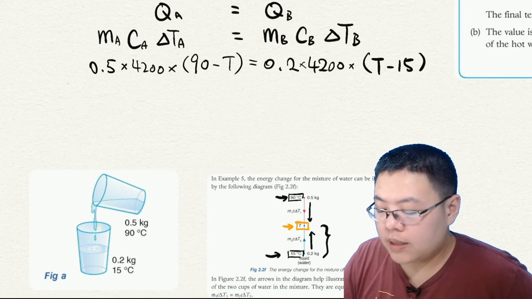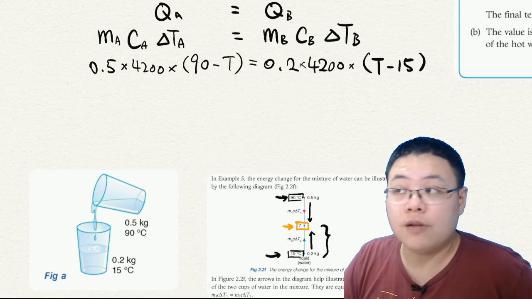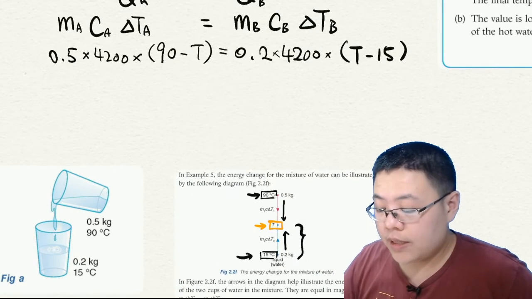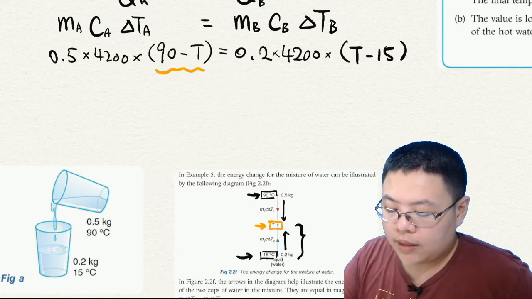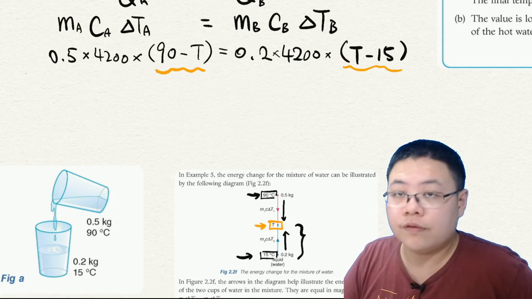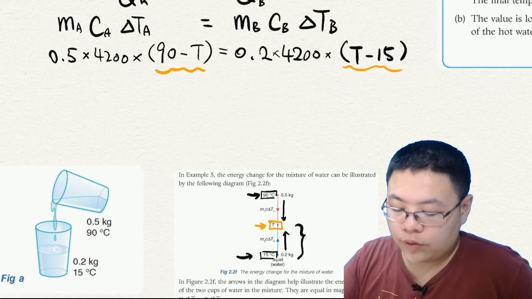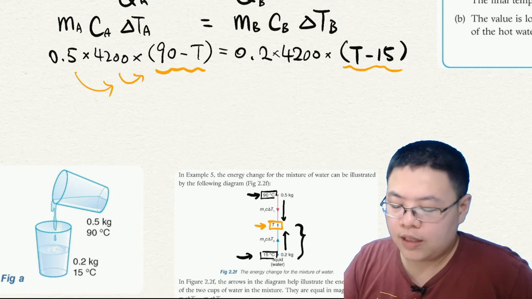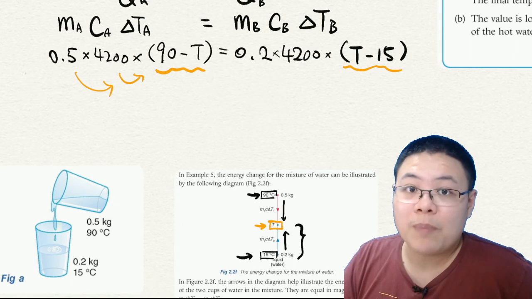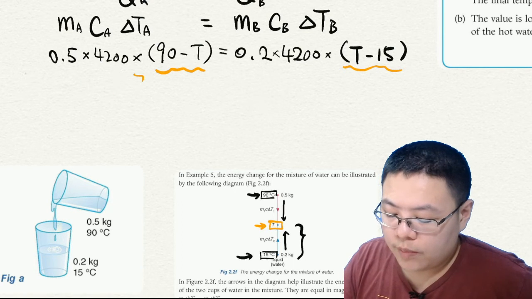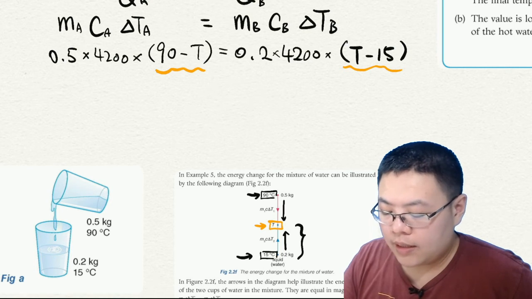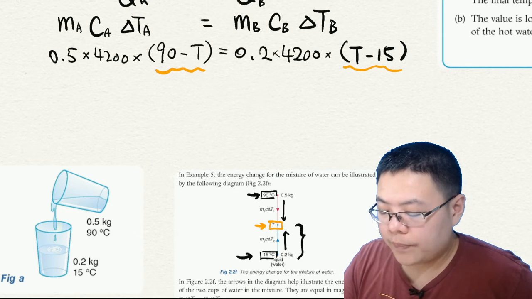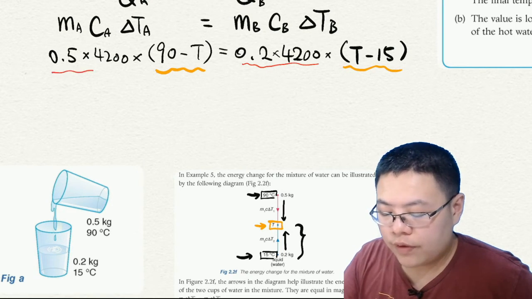The next part is to solve this equation. This is a mathematical problem, but I can tell you a technique. Because this part involves T, if you distribute everything into it, you'll get many terms. A more clever way is to eliminate the numerical values first.